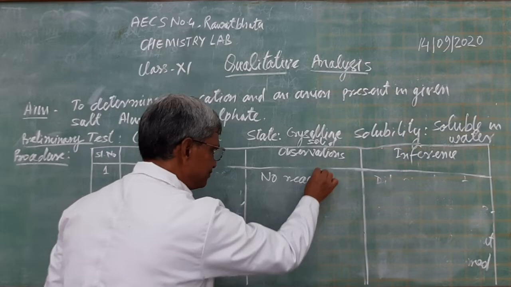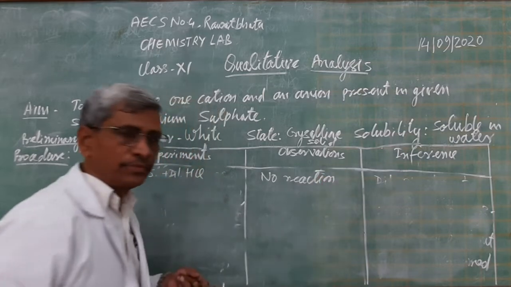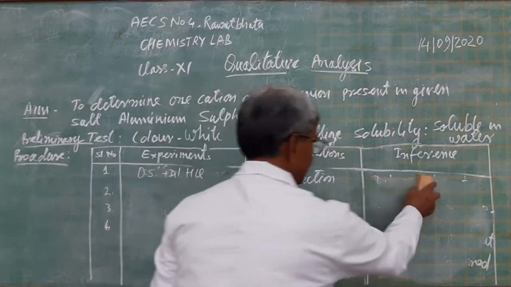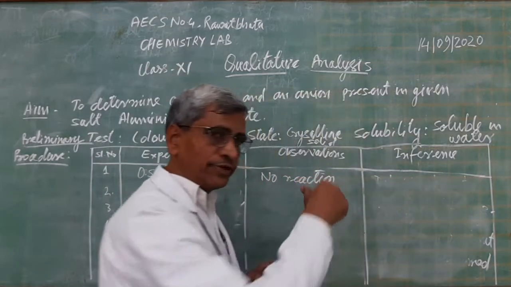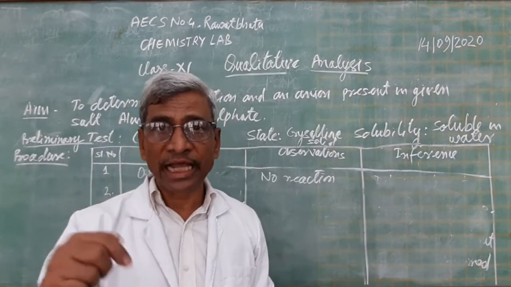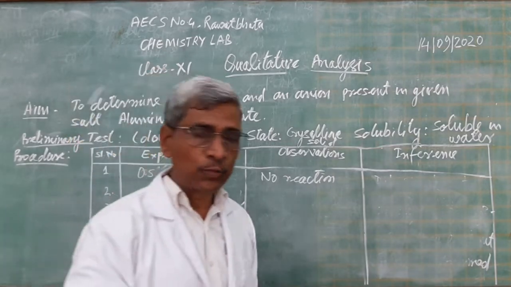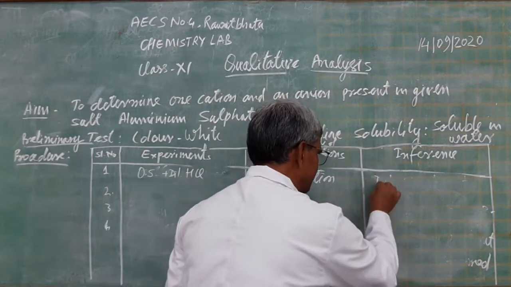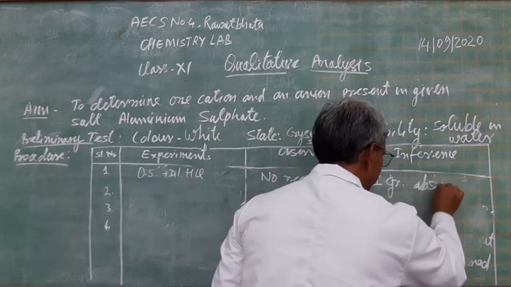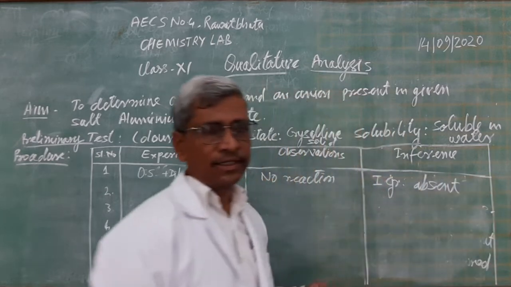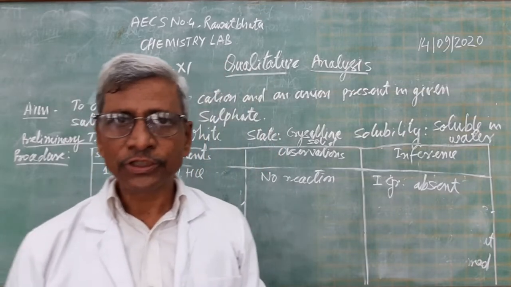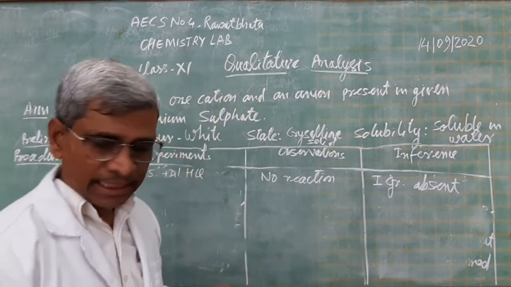No reaction. On the basis of this, we can say that group 1 cations are absent. First group absent. The cation of the first group is lead, it means lead is not there.